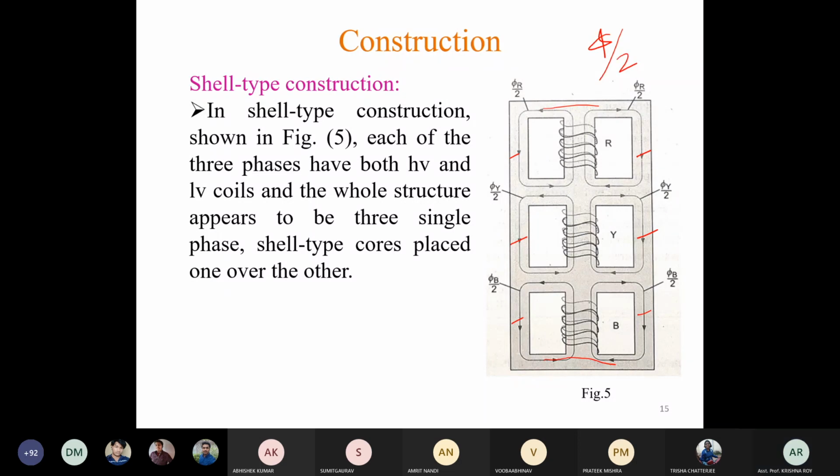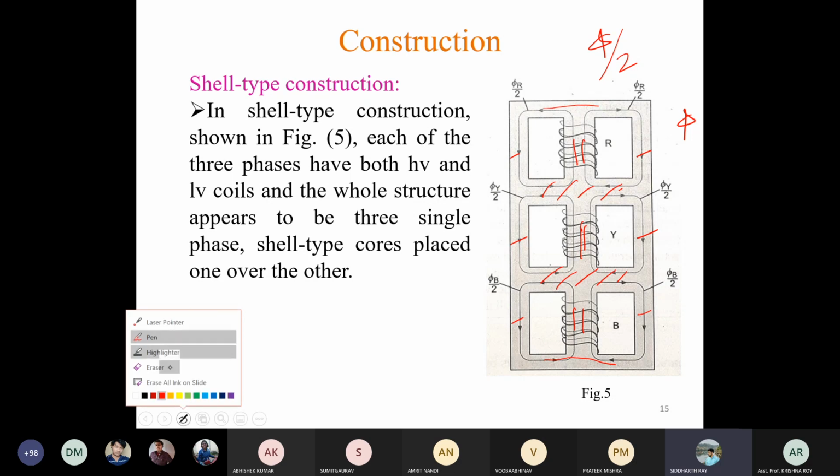Okay, these three sections are carrying the total amount of flux, that is phi. Now tell me what will be the amount of flux carried by this section and this section. Any idea?